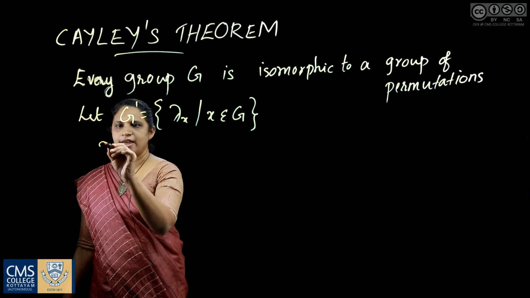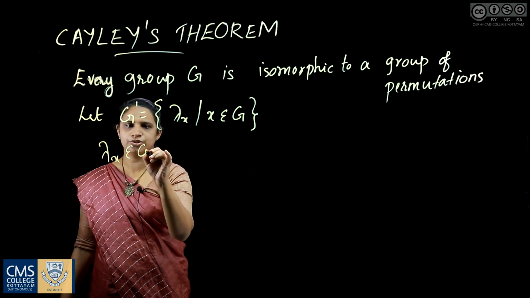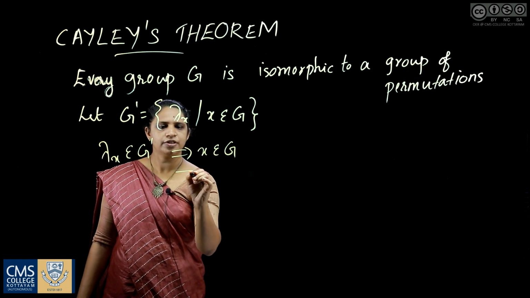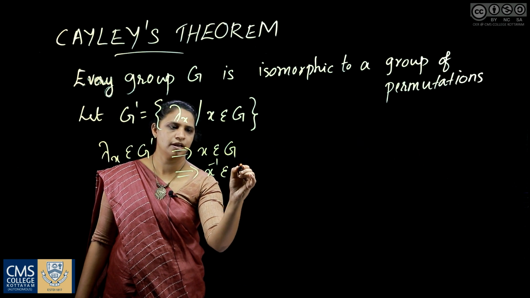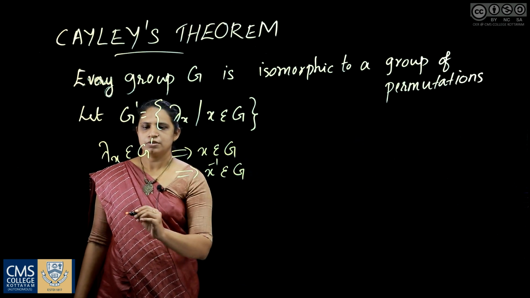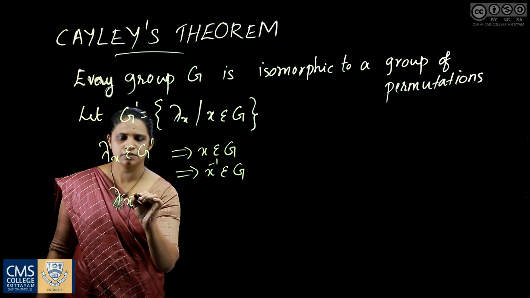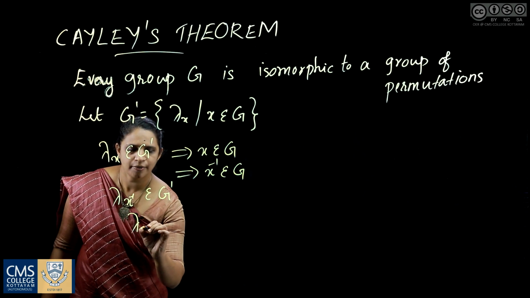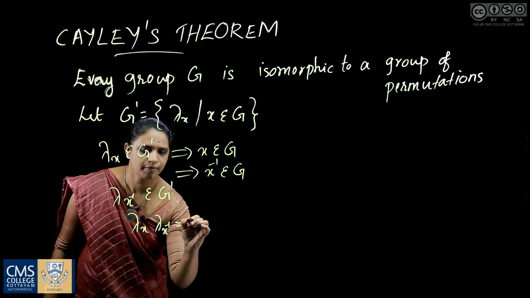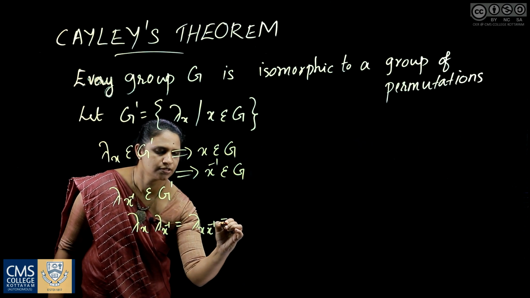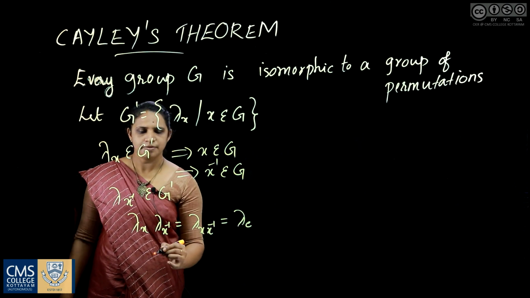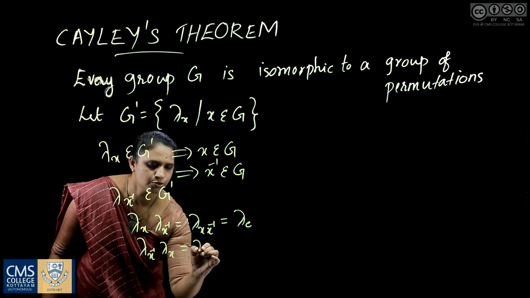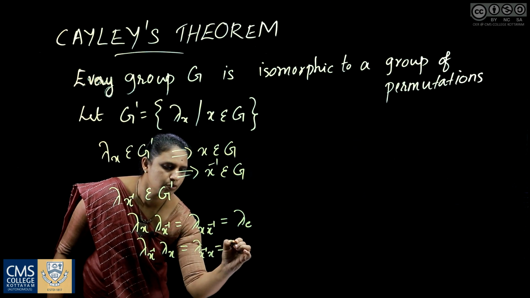That is, if we have λx belonging to G dash, this implies that x is an element of G, which implies x inverse is also an element of G since G is a group. So, λ x inverse is an element of G dash, and we know that λx into λ x inverse is the same as λ of x into x inverse, which is equal to λE. Similarly, λ x inverse into λx is equal to λ of x inverse x, which is equal to λE.